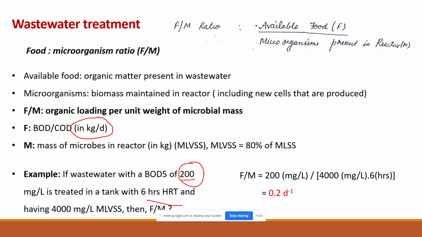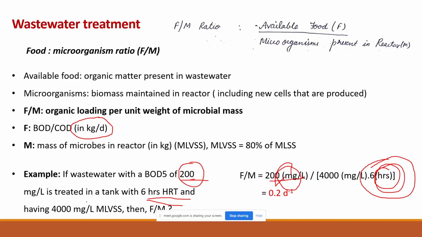You divide by the HRT of 6 hours, so obviously you will get it in the form of kg per day. You can convert this mg into kg and convert hours into day, so you will get the entire thing into kg per day.